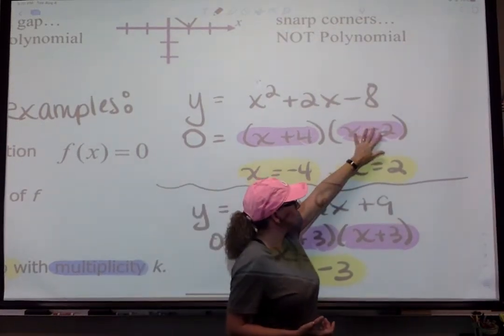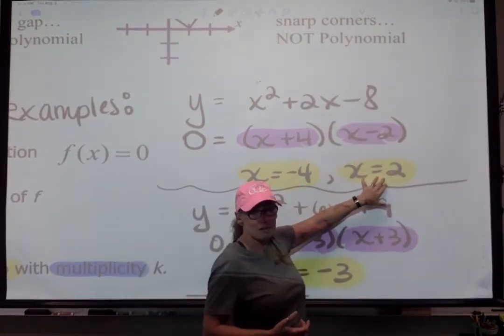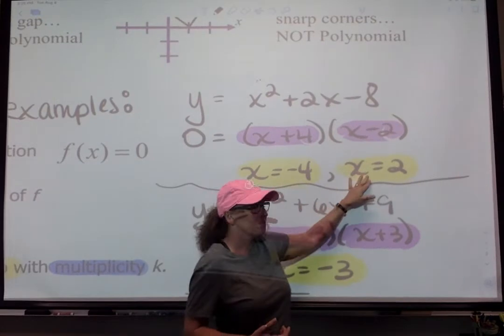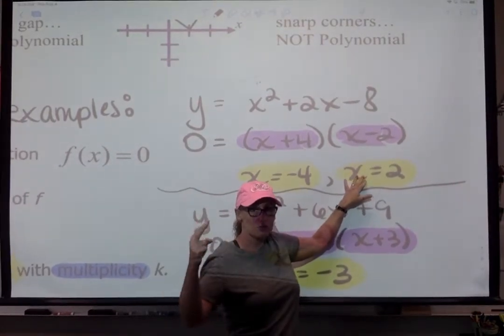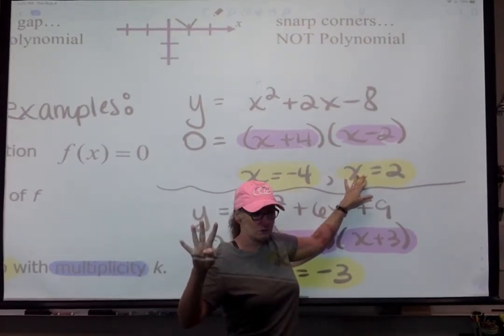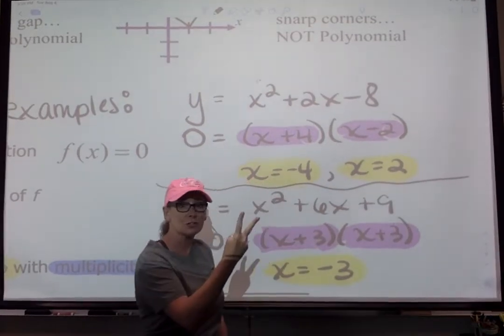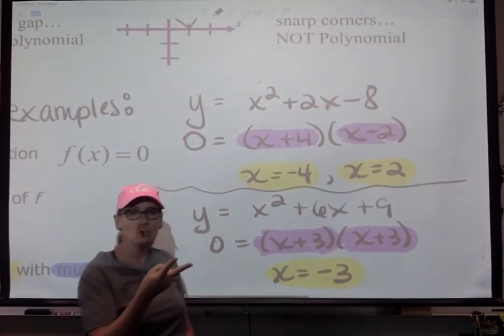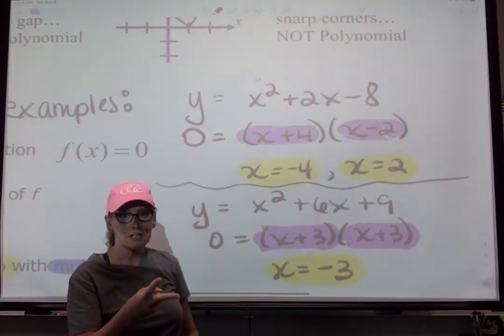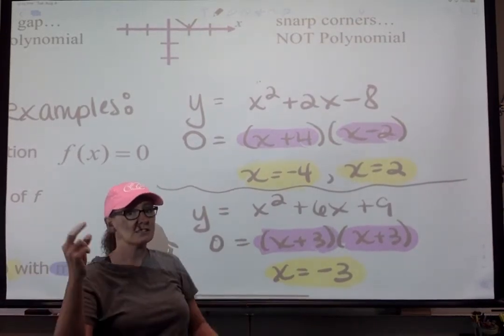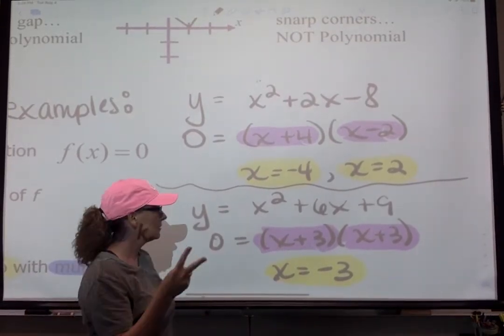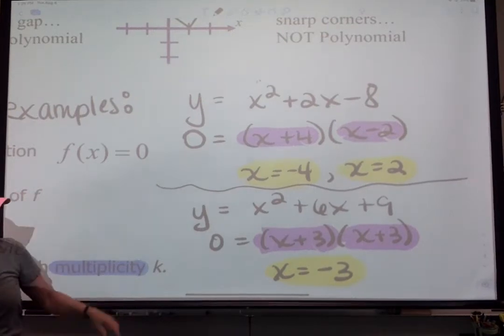To solve this factor for 0, x would have to be +2. These are x-intercepts, roots, solutions, zeros. There are two of them. Does that make sense for a quadratic? Yeah, surely. A parabola can cross the x-axis in two places. Of course it can.